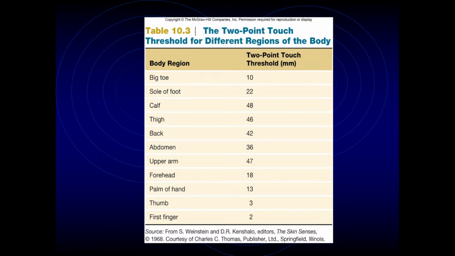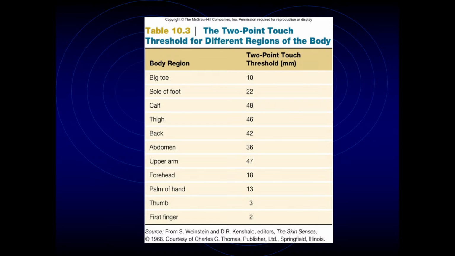What is the differential threshold of tactile sensitivity, or spatial threshold of tactile sensitivity? The differential threshold of tactile sensitivity is the minimum distance between two adjacent points, the simultaneous stimulation of which causes two separate tactile sensations.